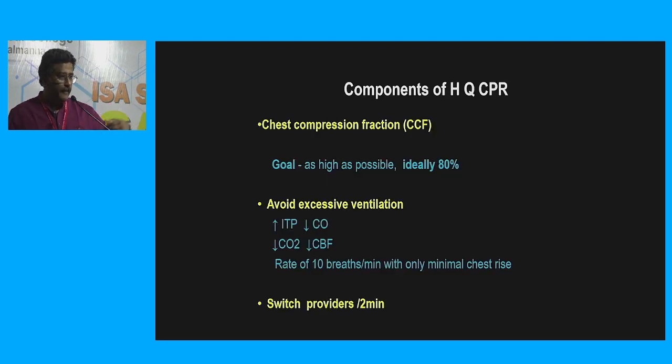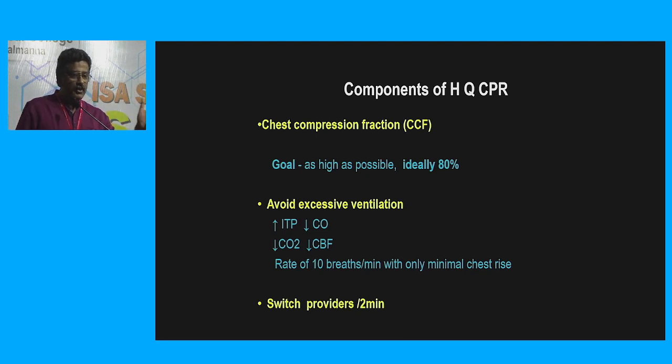It is the proportion of chest compression in the CPR, that is, chest compression time divided by the total CPR time, described as the duration of the arrest. What is the duration of the arrest? It is the time from when the victim falls down to the return of spontaneous circulation. Chest compression fraction is the proportion of that time you have done chest compression.